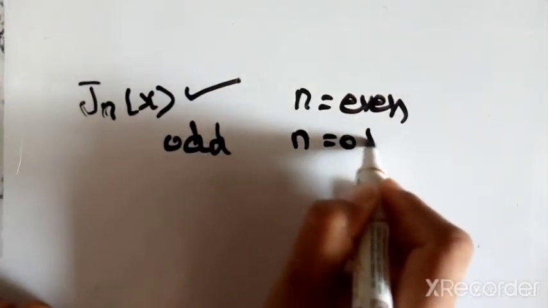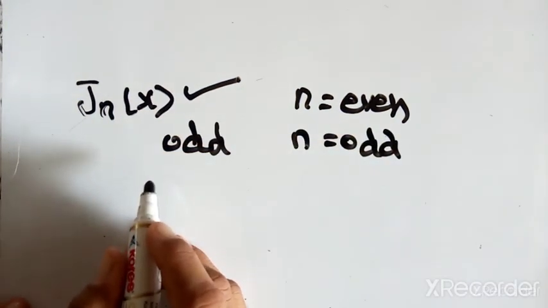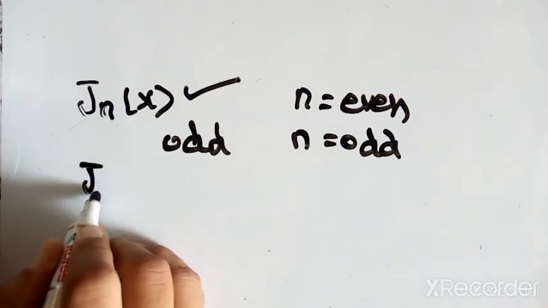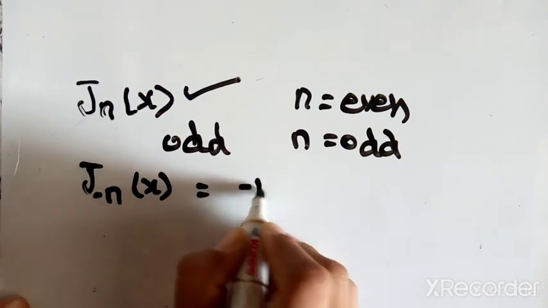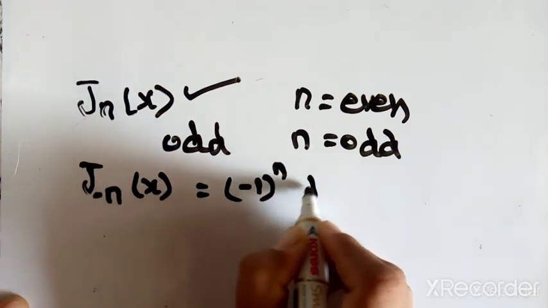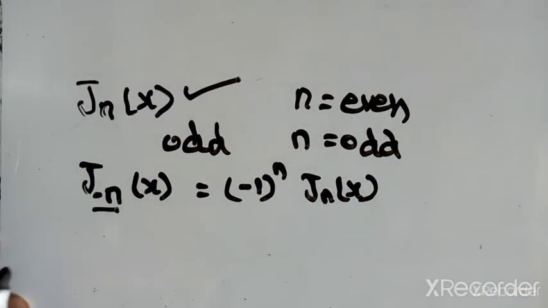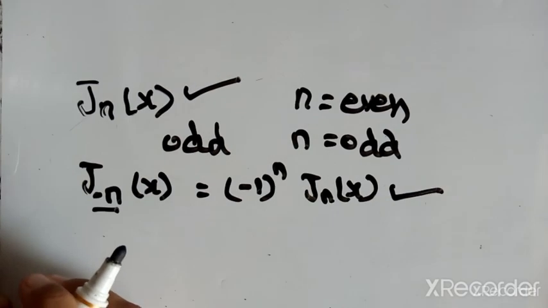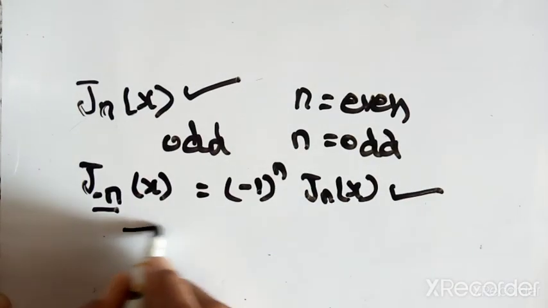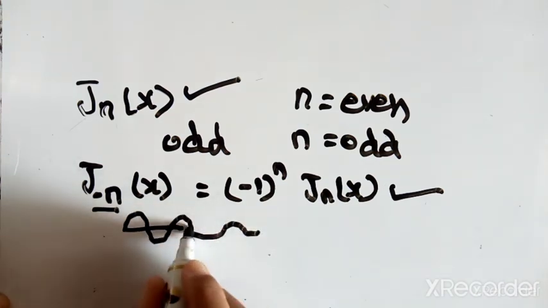Now J minus n of x equal to (minus 1) power n into J n of x. Using minus n in our Bessel solution, we get this result. Now J n of x has an infinite number of nodes, so we get infinite nodes.